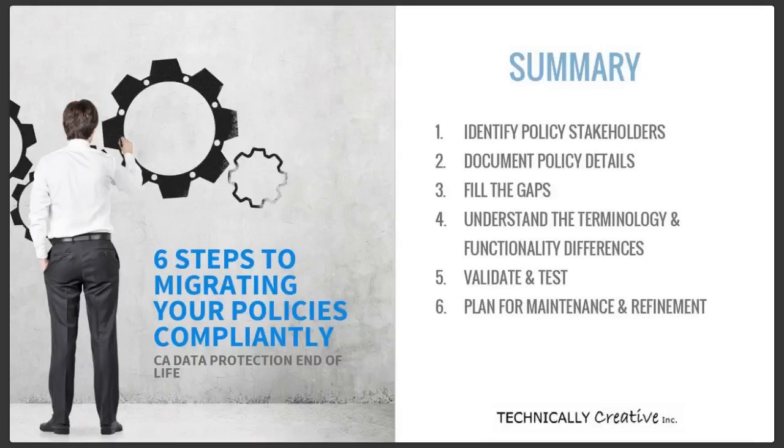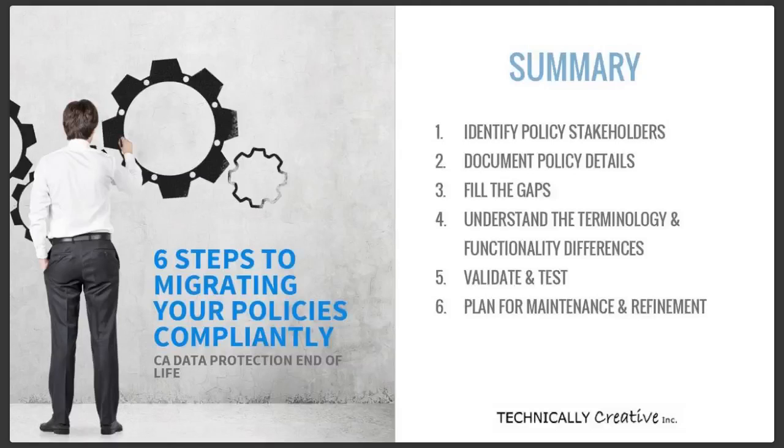This concludes our third and final webinar in our 3-part series geared at providing information for CA data protection end-of-life customers. Today we went over identifying policy stakeholders, documenting policy details, filling the gaps, understanding the terminology and functionality differences, validating and testing, and the importance of planning for maintenance and refinement.